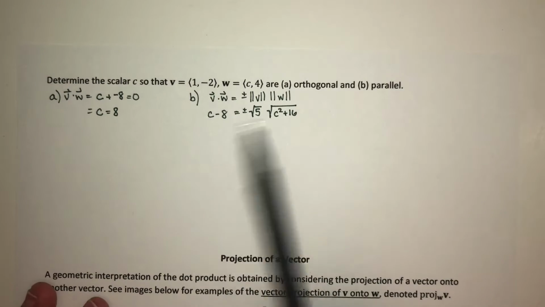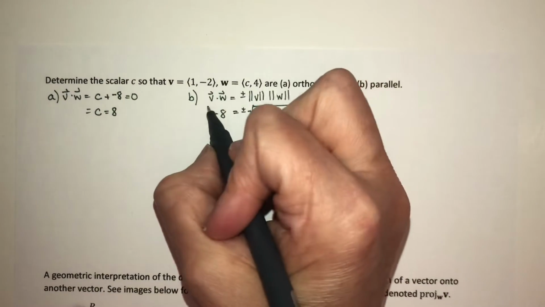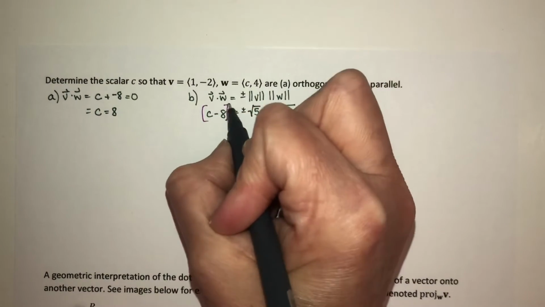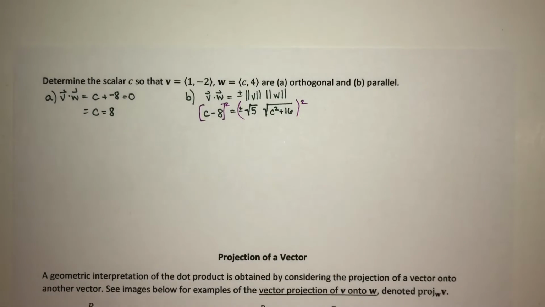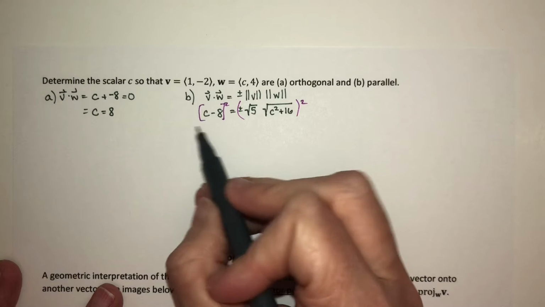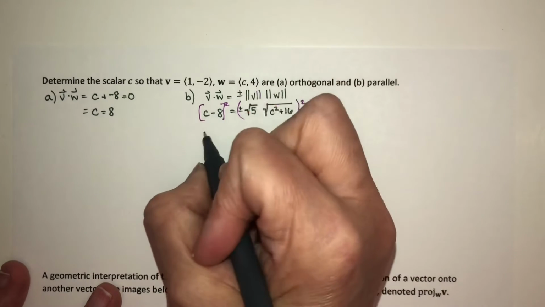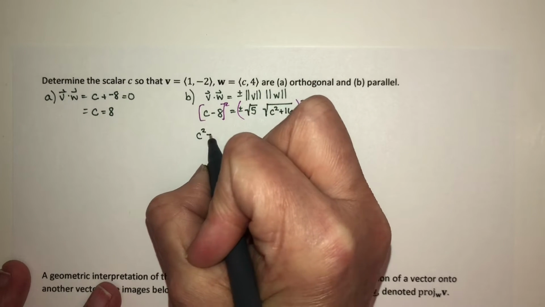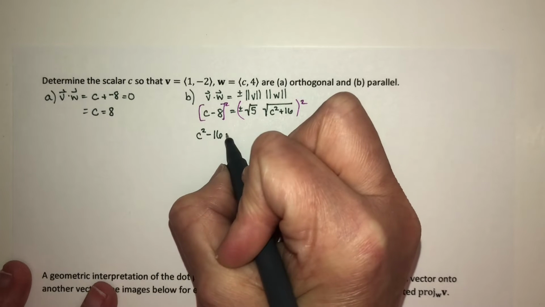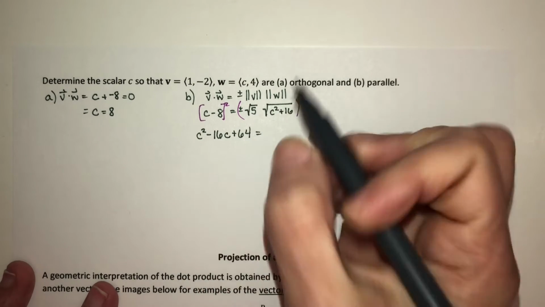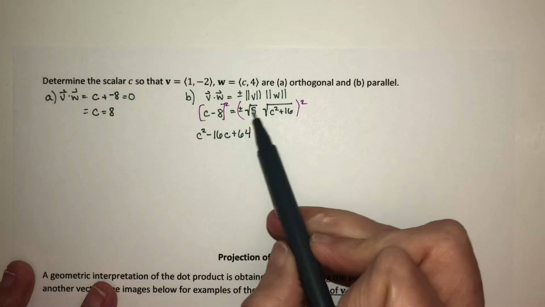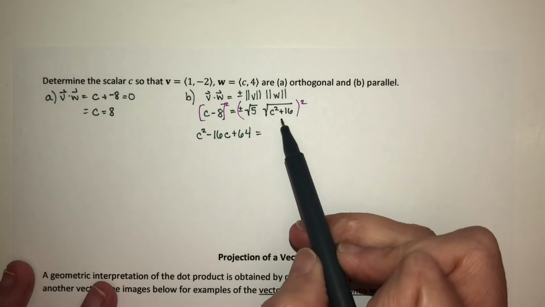Now I have a radical equation here, so I'm going to square both sides. This is a binomial squared, so make sure you multiply it out correctly. It's going to be c squared minus 16c plus 64 equal to, since these two things are multiplied together, we square each piece.